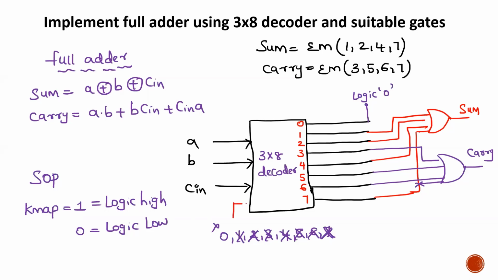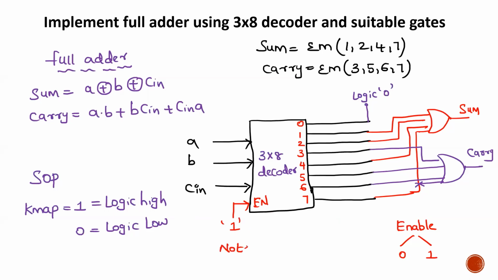If needed, you can put one symbol that is called as EN, which is nothing but enable. Means this enable can be either 0 or 1. If enable is equal to 0, this circuit will not work. If enable is equal to 1, this circuit will work. So simply you can take one enable and you can give 1 for this particular enable, or else don't connect this enable pin, and in note you write like this.